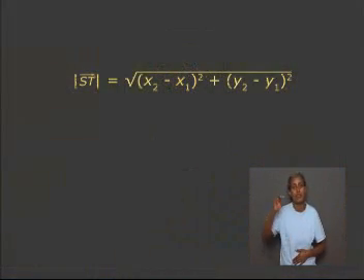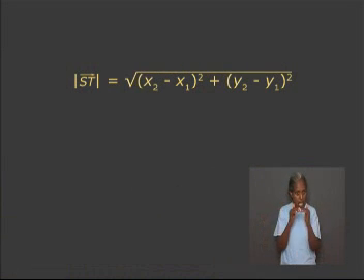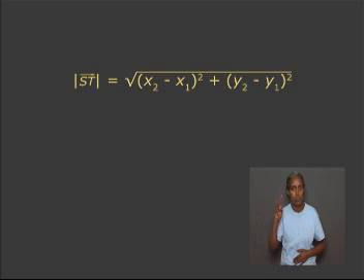Hello again. Did you and your partner remember the proper formula? The magnitude of vector st is equal to the square root of x2 minus x1 the whole square plus y2 minus y1 the whole square.